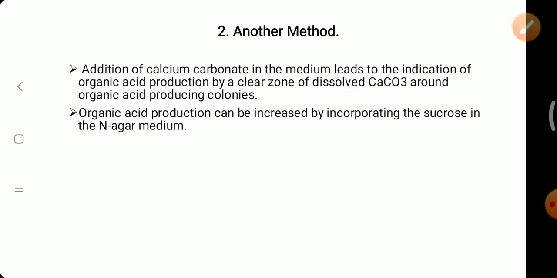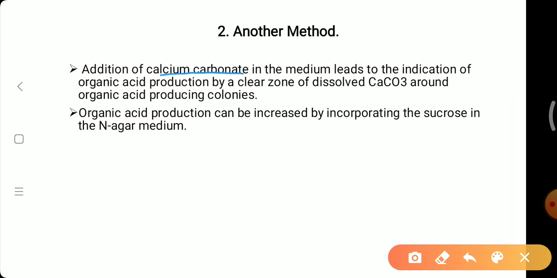Okay, another method for the organic acid producing organism: addition of calcium carbonate in the medium leads to the indication of organic acid production by a clear zone of dissolved calcium carbonate around organic acid producing colonies.